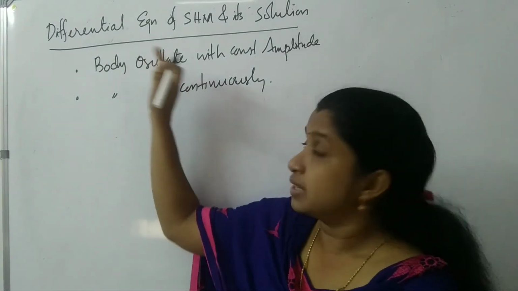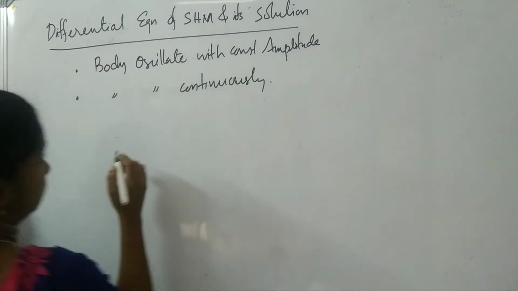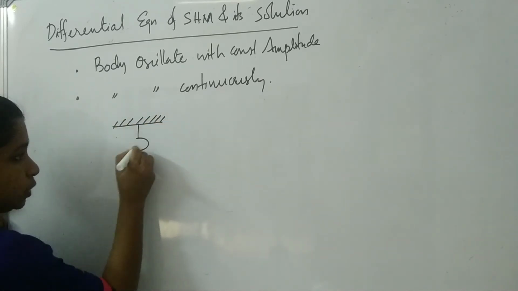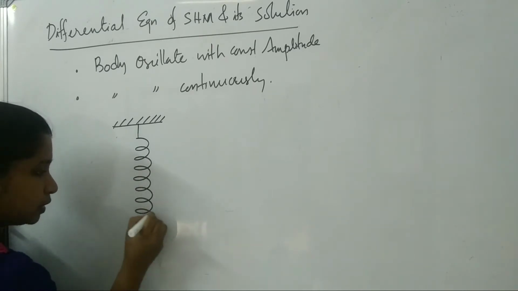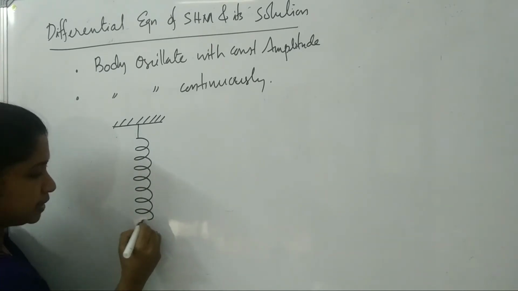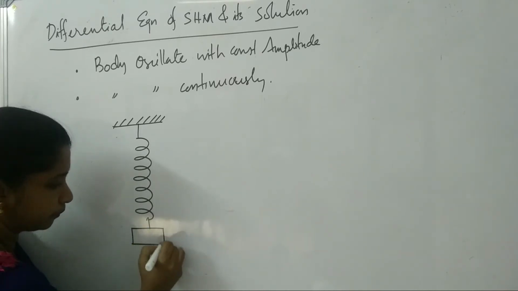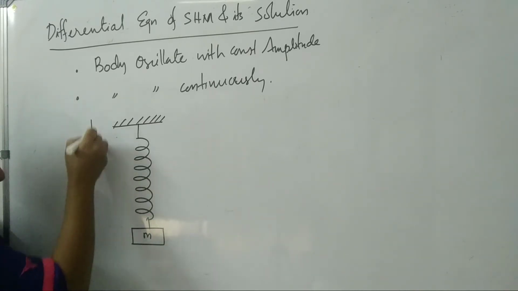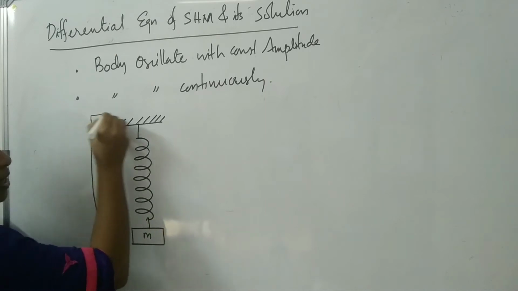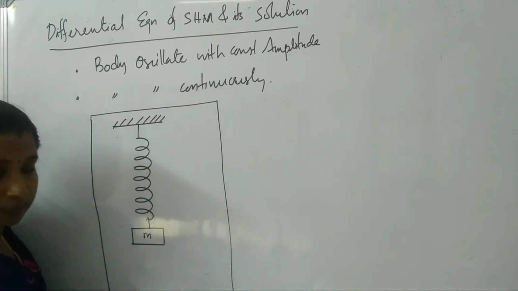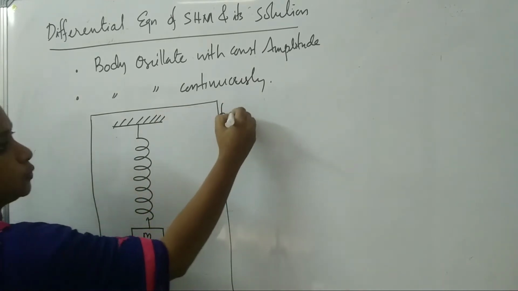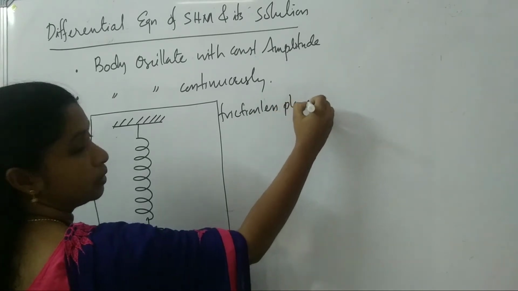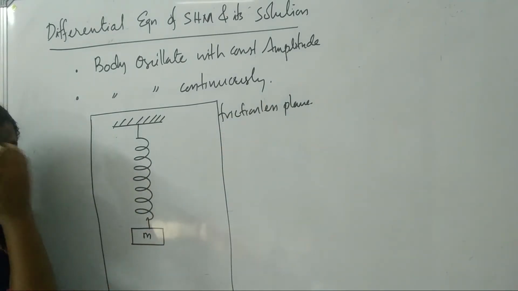To derive the equation of simple harmonic motion, we consider a body which executes simple harmonic motion. First we take a spring and a mass is suspended to the spring. This spring mass system is kept in a frictionless plane.